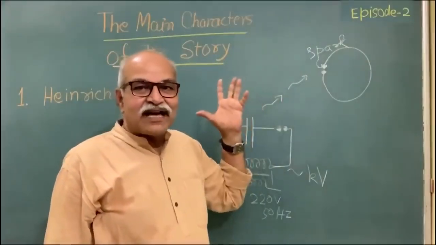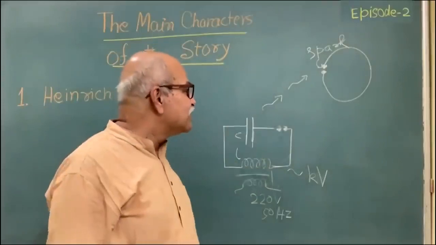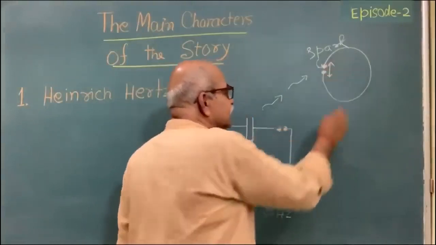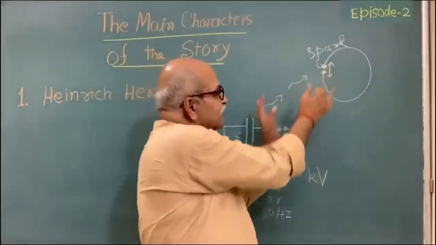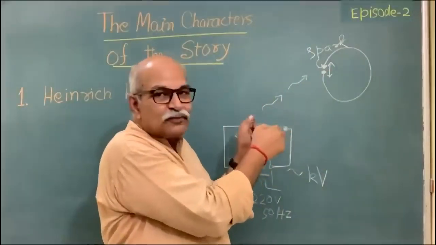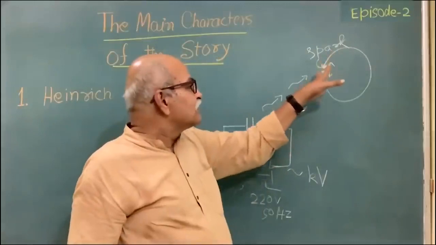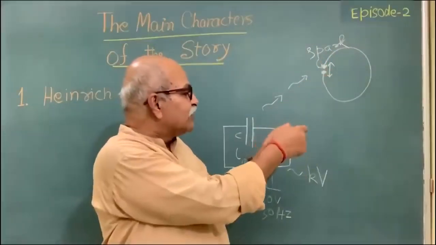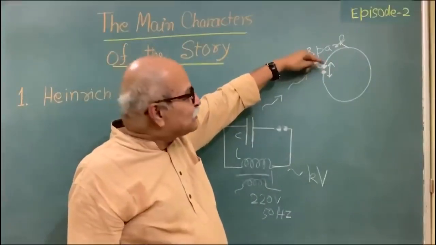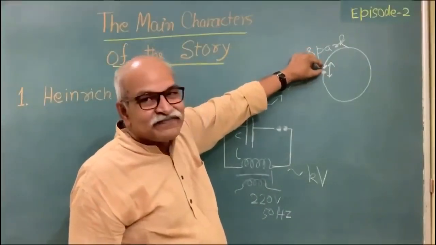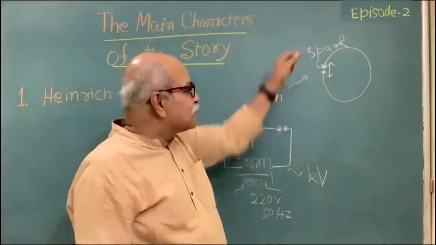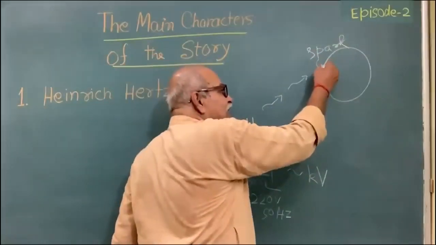Now in the actual, real experiment, this gap is adjustable. It is all very schematic design I am drawing here. It's some kind of micrometer screw on which these things are fitted, and by rotating that screw, this gap can be adjusted. So if you reduce the gap, the chances of sparks will be there. And suppose at this gap I have a spark.